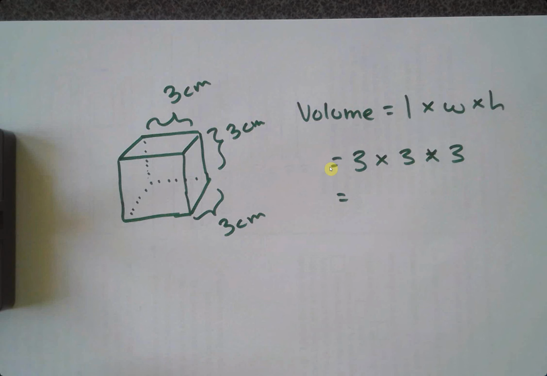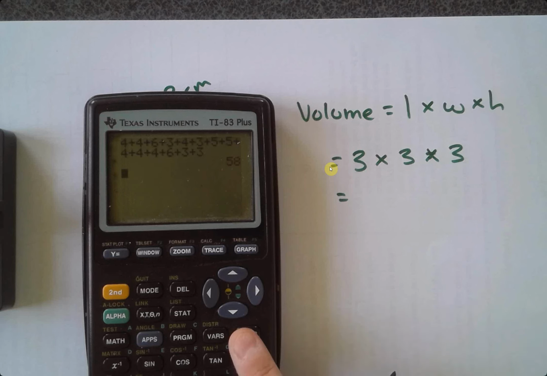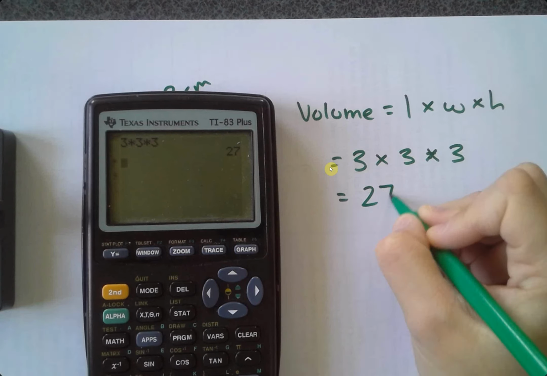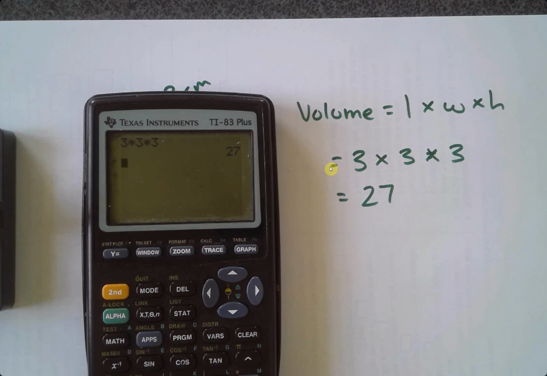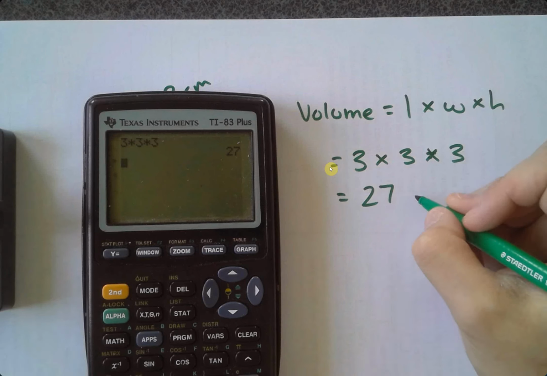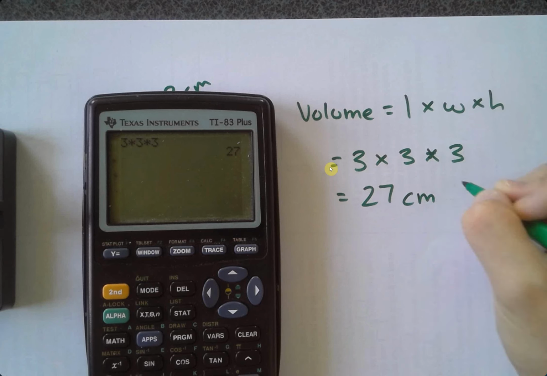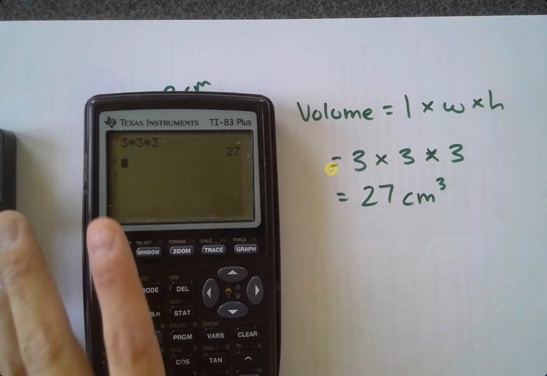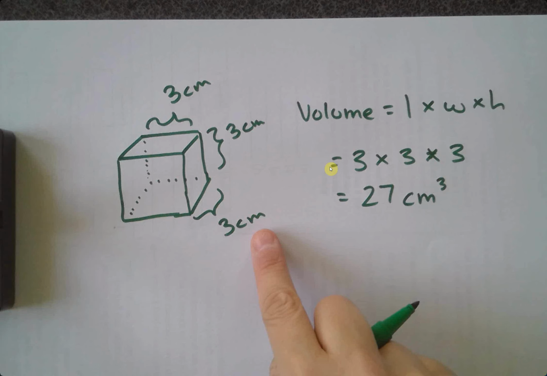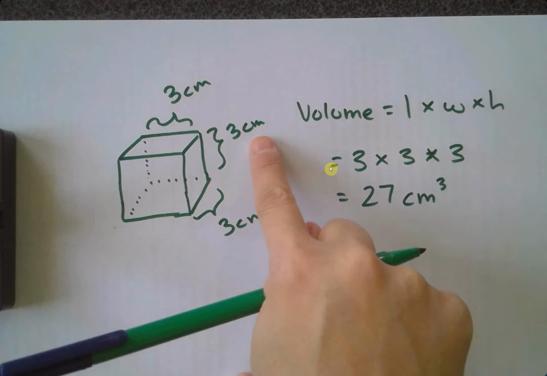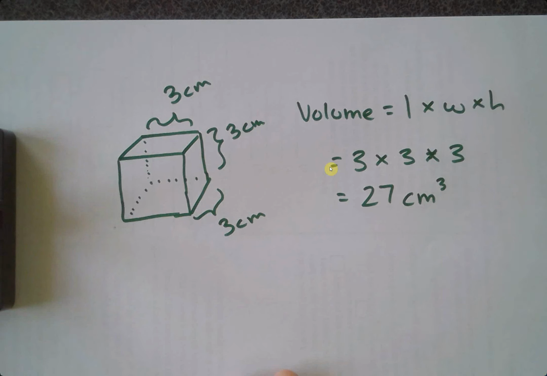Let's get the calculator out. 3 times 3 times 3, and I get 27 as my volume. Now we also have to remember units, because if you want to get merit or excellence, you need to have your units there. This would be centimeters cubed. Whenever we're talking about volume, we're thinking about the cubed. Basically think about the fact that you have 1, 2, 3 centimeters that you're multiplying together. Are you okay with that idea so far?